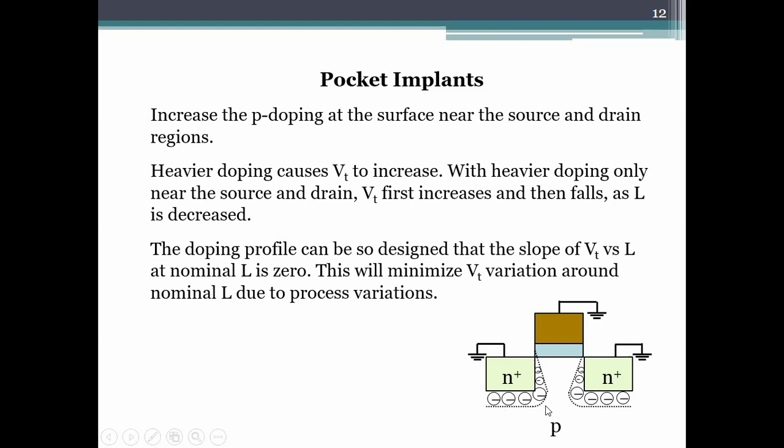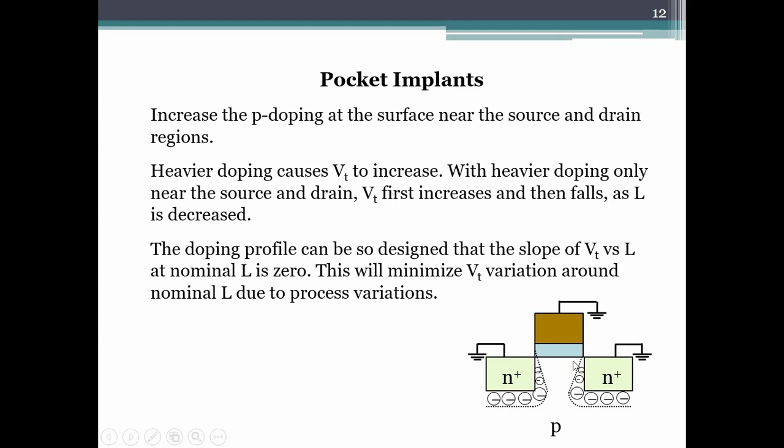So you can see the depletion layer, in case you are not aware, the depletion layer is thinner if the doping is higher. So if the p-type doping here is lower than the p-type doping here, the depletion layer is thicker here and thinner here, because the p-type doping here has been made higher.